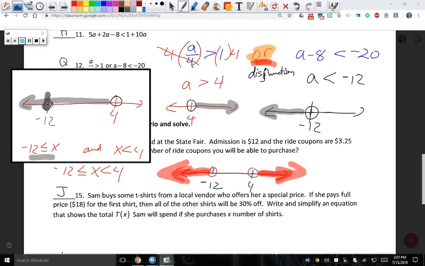And then you would shade everything to the right. Okay? So a conjunction is where these two overlap, and that is the answer. So that AND would be negative 12, here would be 4, open, closed, and everything in between. That's just the difference between a conjunction and a disjunction OR.